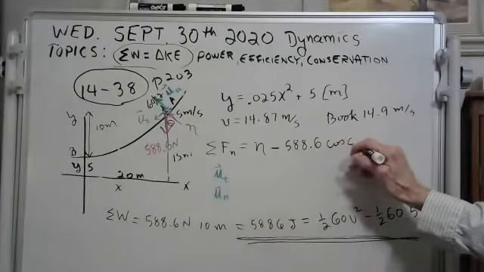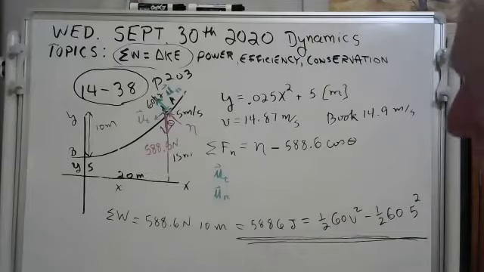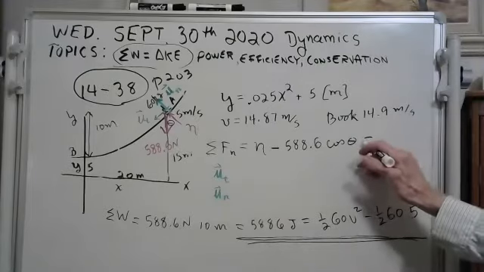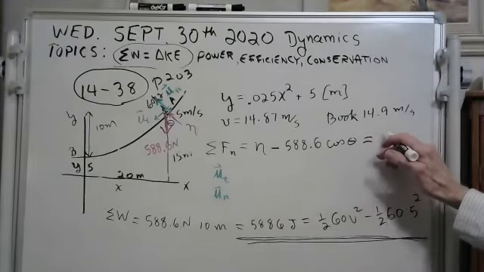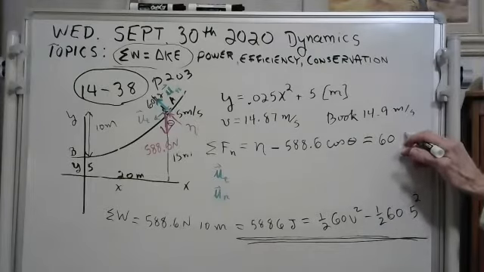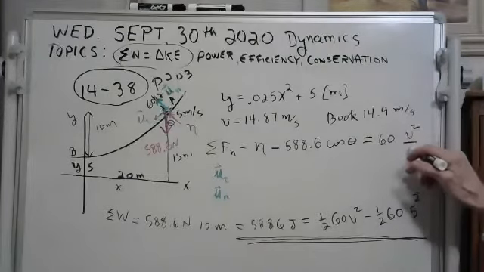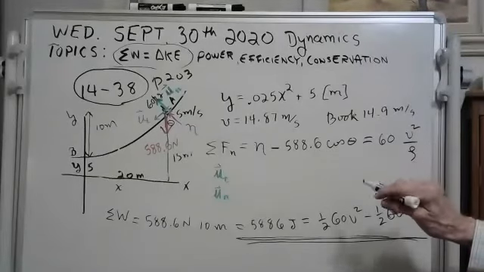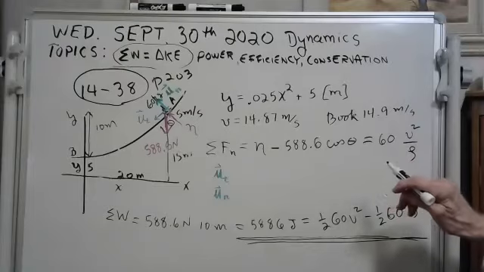Do we know what theta is? We're going to have to figure out what this theta is. Anyway, all of that is going to equal the mass, 60 kilograms, times v squared over rho.